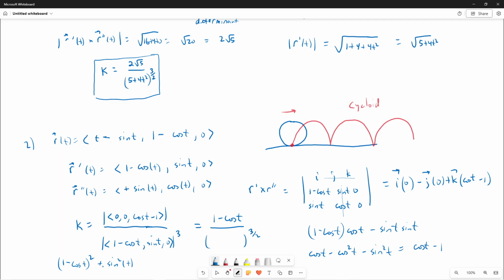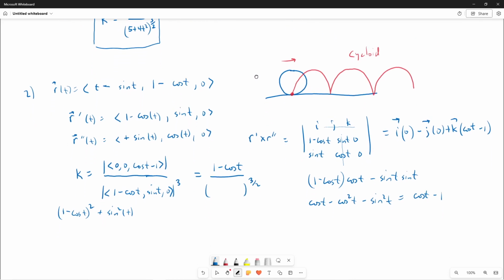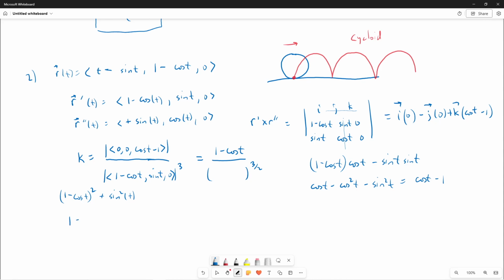And I have a feeling we're going to get a cosine squared plus a sine squared out of that. This is 1 minus 2 cosine t plus cosine squared t plus sine squared t. And cosine squared plus sine squared is 1. So this is 2 minus 2 cosine t. So it's 2 times 1 minus cosine t, which is exactly what we have in the numerator.